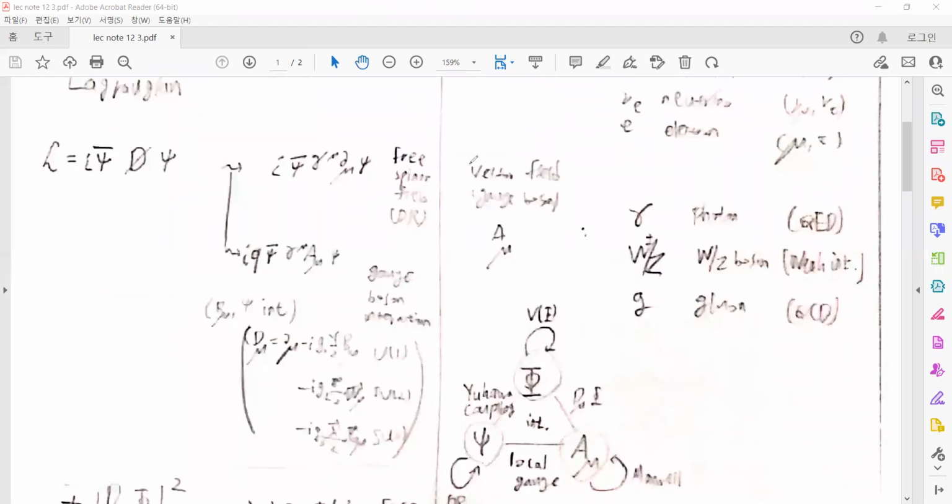And there are vector particles, so-called gauge bosons, corresponding to each charge, such as U(1).